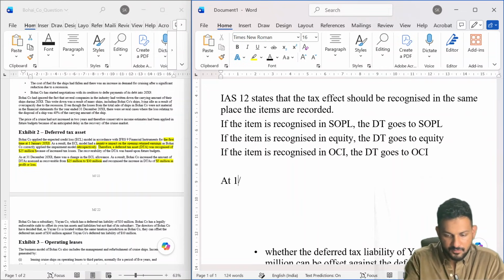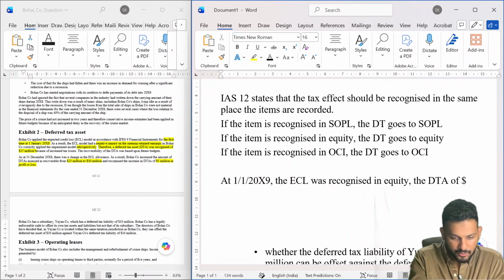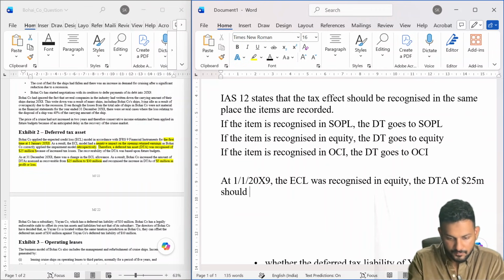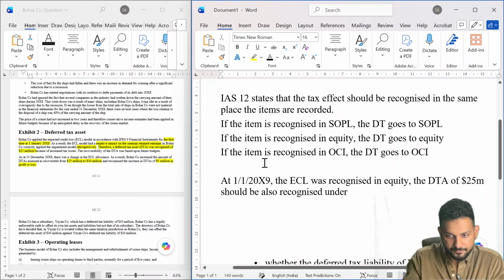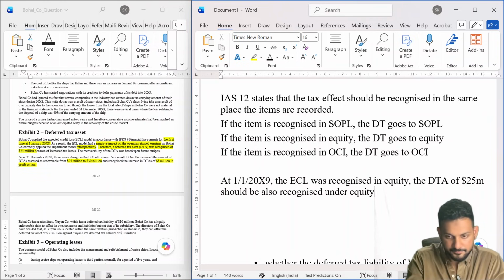So at 1st January 20x9, the expected credit loss was recognized in equity. So the deferred tax asset of 25 million should also be recognized under equity.